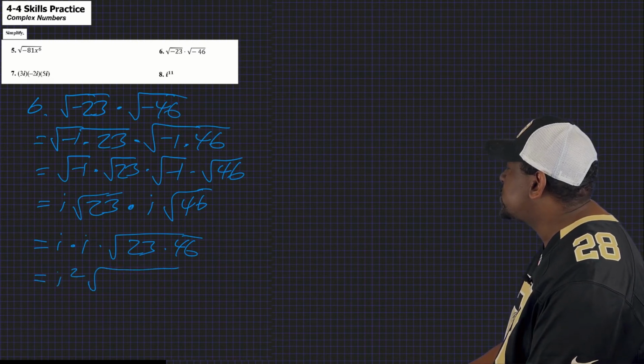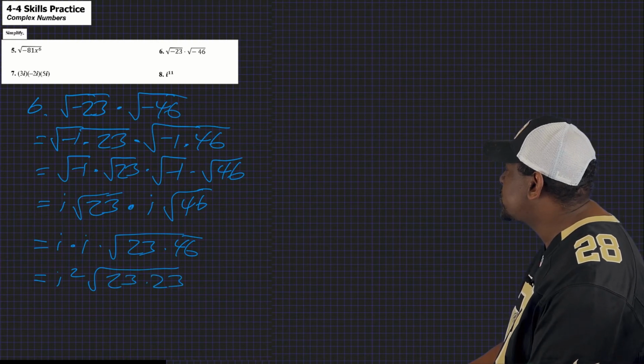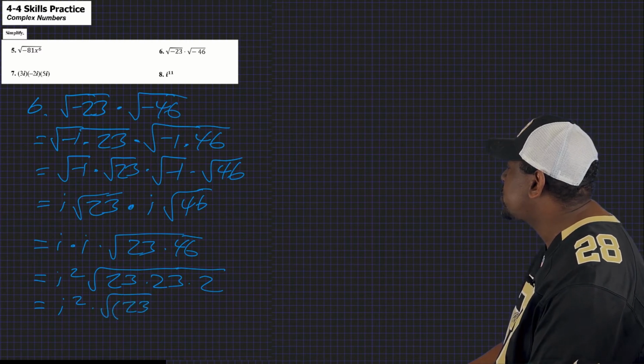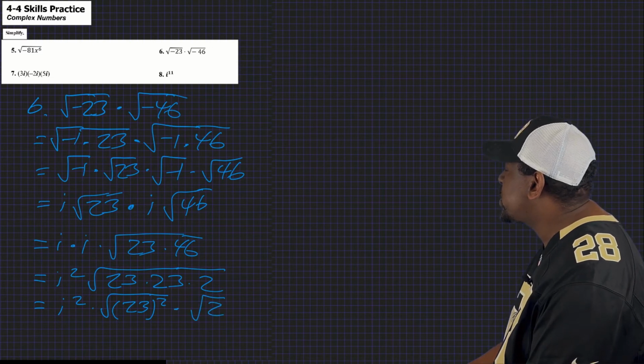23 times 46 is equal to 23 times 23 times 2, because 46 is 23 times 2. And that gives us a perfect square, because the square root of 23 times 23 is simply equal to 23 to the second power times the square root of 2. Square root of 23 squared is obviously equal to 23.